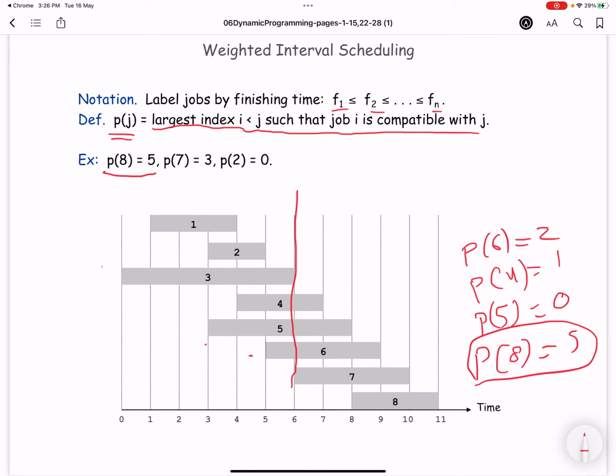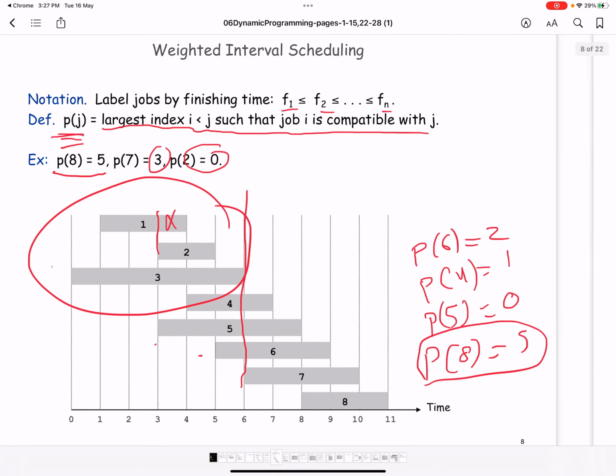We have these jobs, we take the largest index, which is 3. B2, we look to all jobs that finish before 2, and we don't have any job, so it's 0. So this is the definition of Bj. We will use it in the dynamic programming.